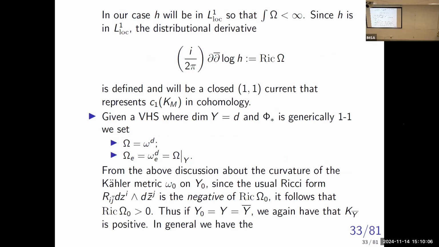So it's a Kähler metric on the points where the differential is injective, and the usual Ricci curvature of this Kähler metric is the negative of the Ricci form. These sign conventions got put in years ago, and I think they're sort of standard. So positive canonical bundle means Ricci form negative.